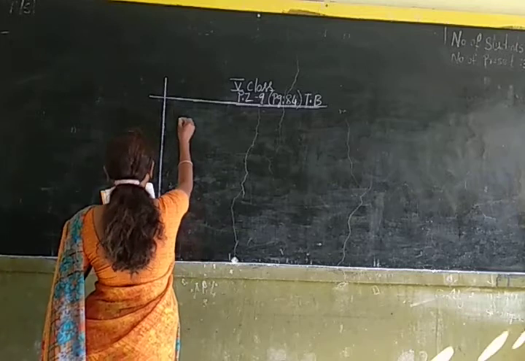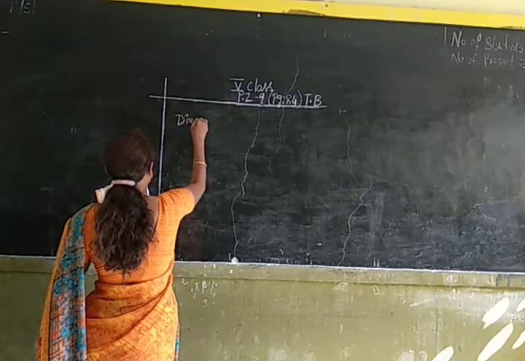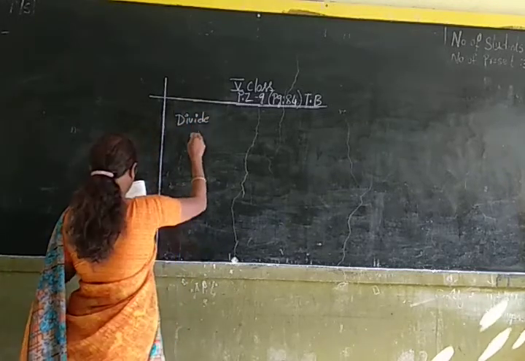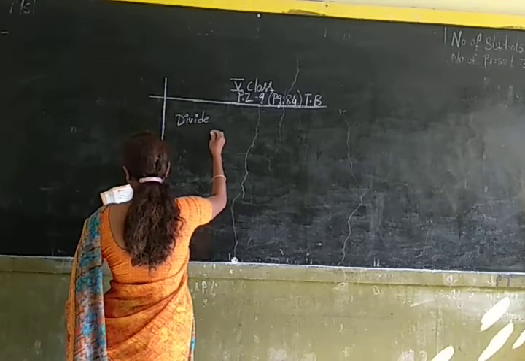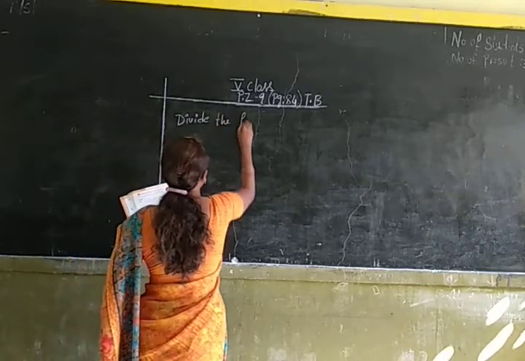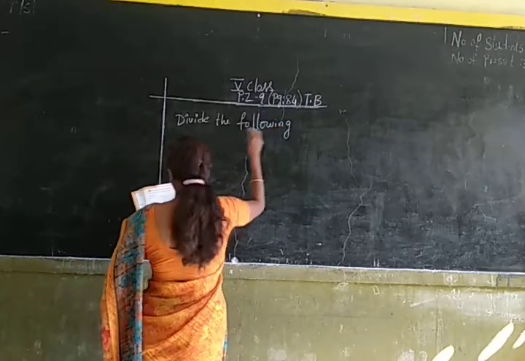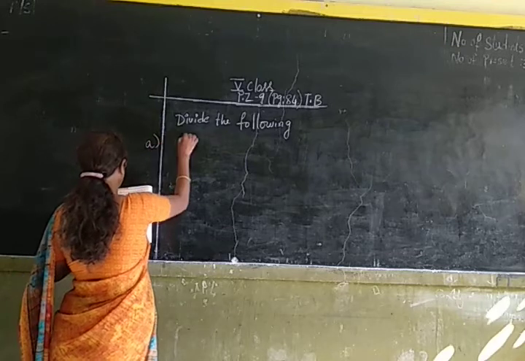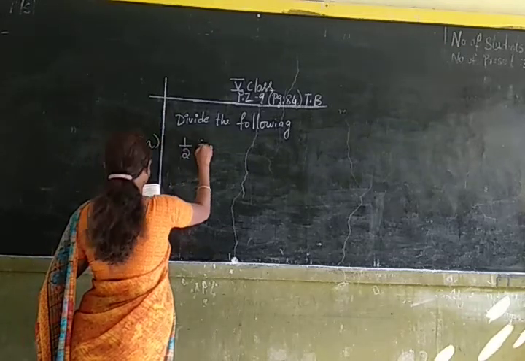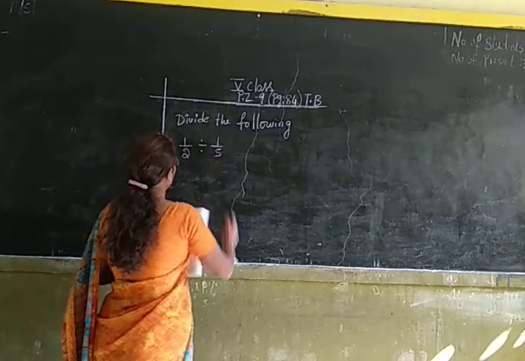Divide the following. So the A question is 1 by 2 divided by 1 by 5. What you have to do?